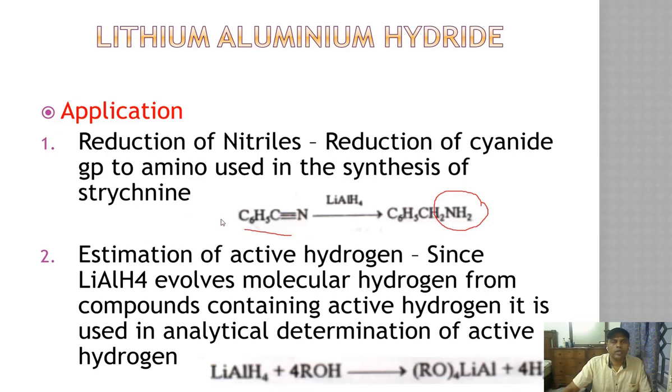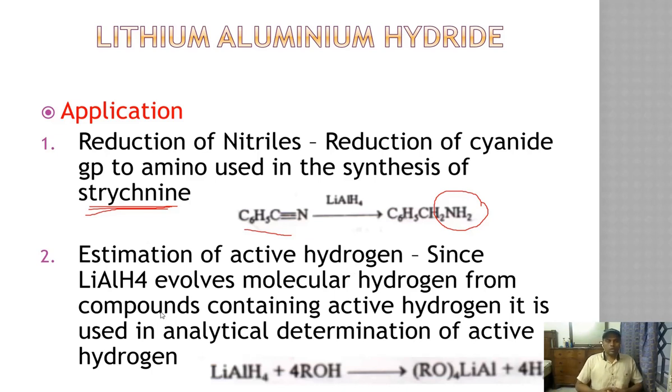You are going to reduce that to an amino group using lithium aluminum hydride, and this is used in the synthesis of strychnine. Strychnine is an alkaloid.